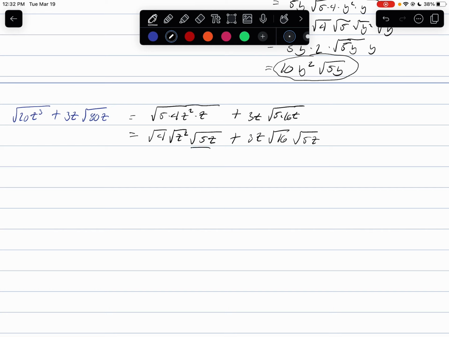Okay, so we have the square root of 5z in common here. That's good. So now we have the square root of 4, which is just 2, times the square root of z squared, which is just z, times the square root of 5z, plus 3z times the square root of 16, which is 4, times the square root of 5z.